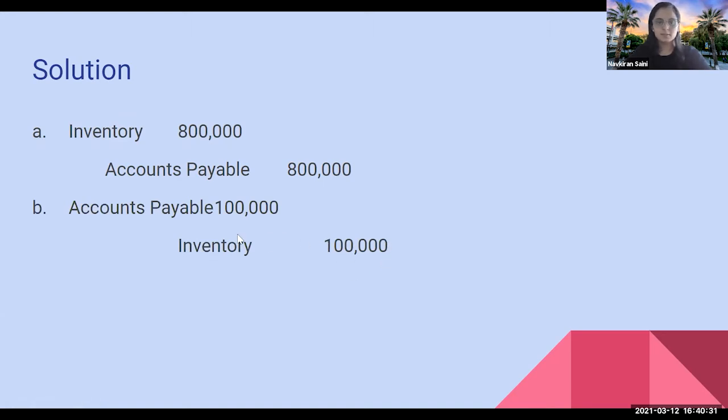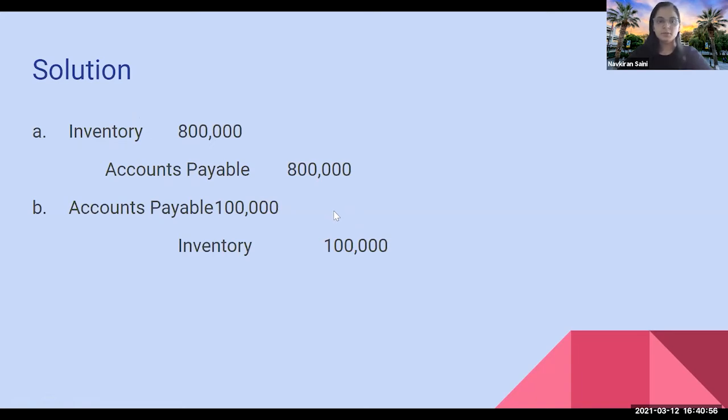Whenever an asset decreases, it's a credit. And debit to accounts payable, which is our liability. It is also decreasing, and when there's a decrease in the liability, it's a debit. So simply reversing the first entry. When we purchase goods, debit inventory. When we return them, it's credit inventory. And same for the accounts payable.